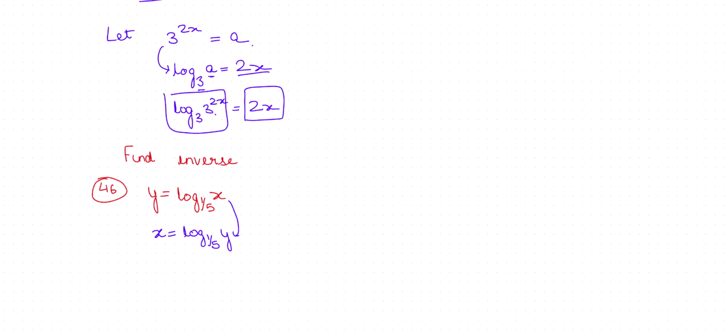So the base is 1/5, which will be the base of the exponent, and x would be the exponent, and the output would be y. So the inverse of this function is this.